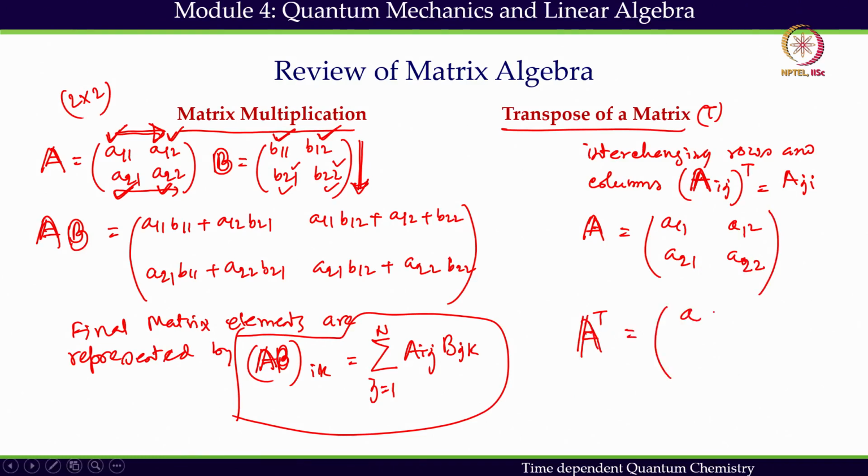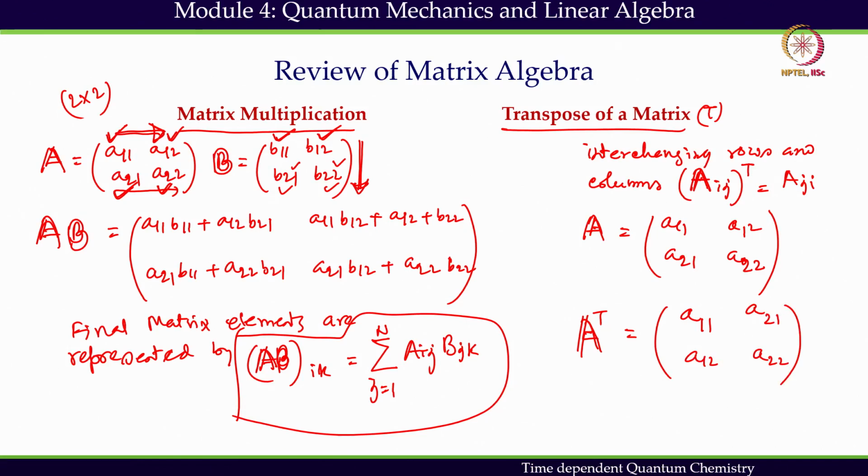I just interchange the row and column. So A11 remains the same, but A12 and A21 change places, and A22 remains the same. That is called the transpose of a matrix.